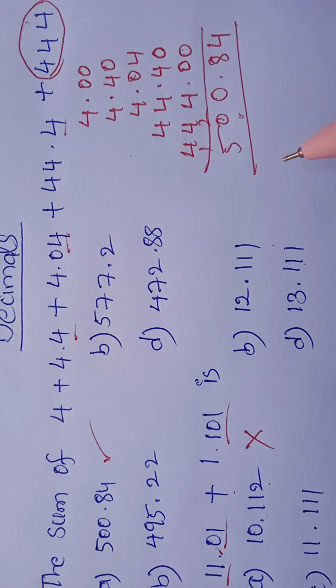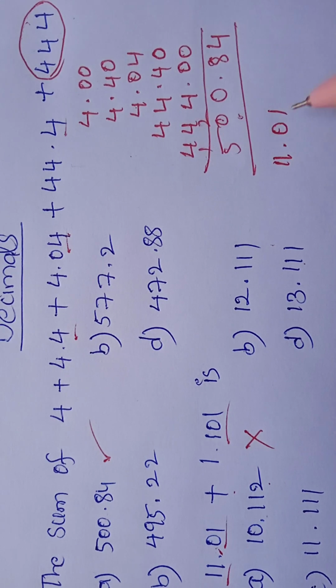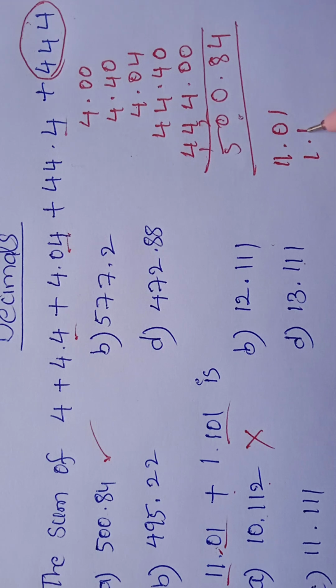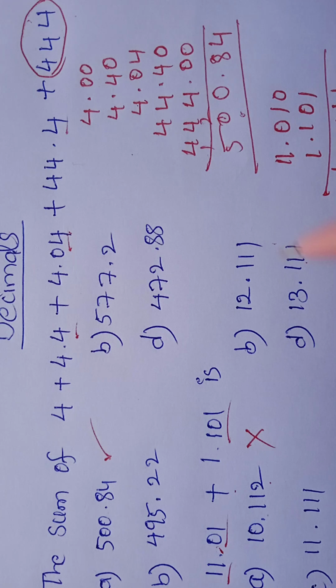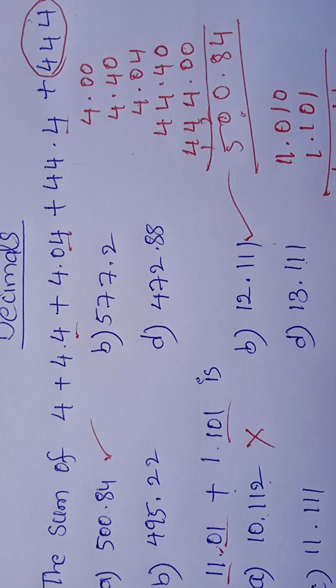Add above 2 numbers, 11.01 and 1.101. So simply I am adding 0, but there is no change in this number. Add 1, 1, 1, 1, 1, 2 and 1. So the answer is this one, B only.